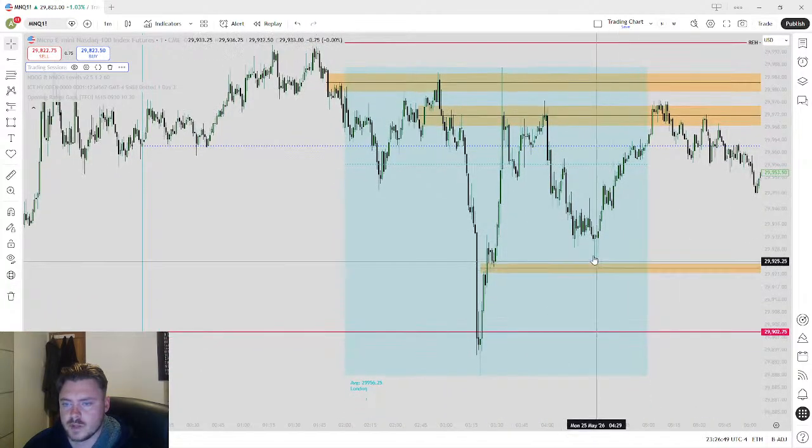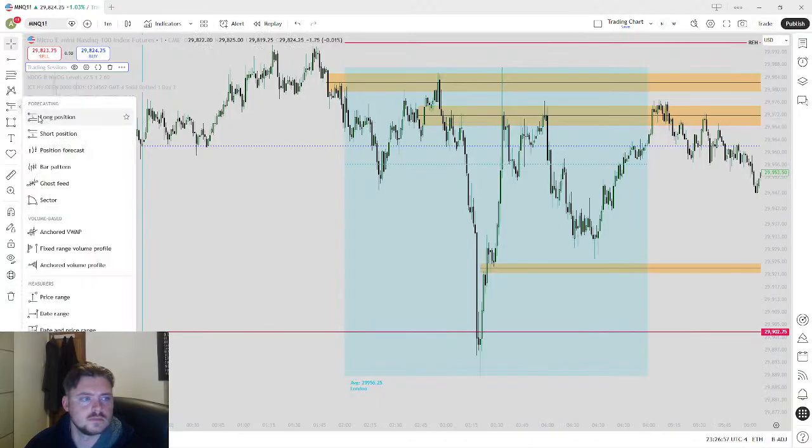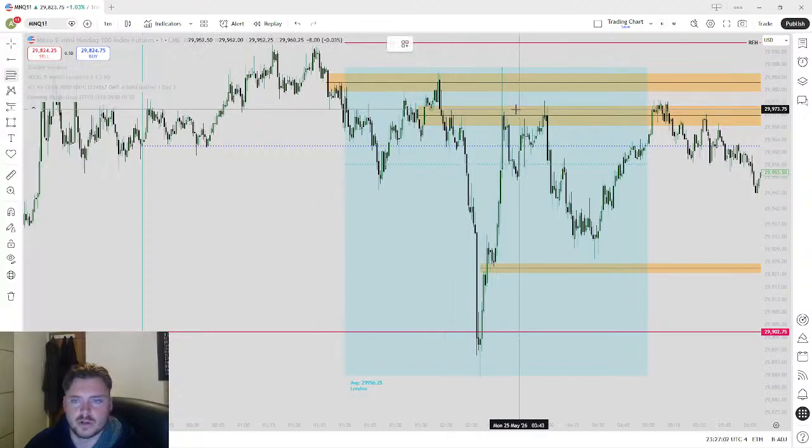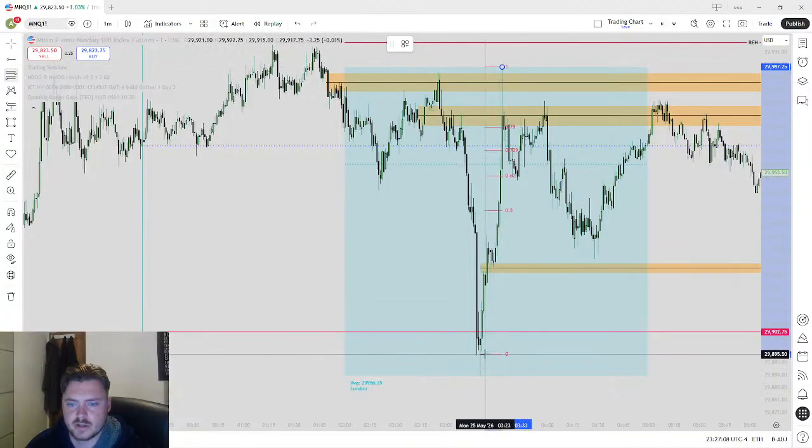So where are we here in price? Half 4. I just want to check where we are in terms of the dealing range. Now it is down here to here.